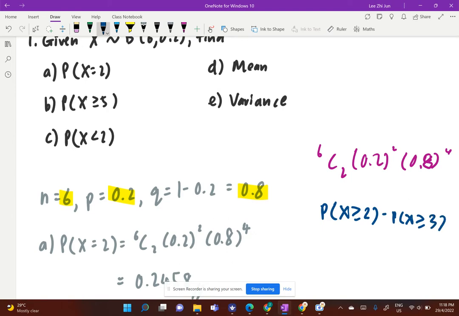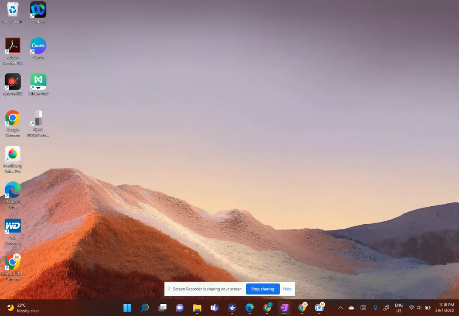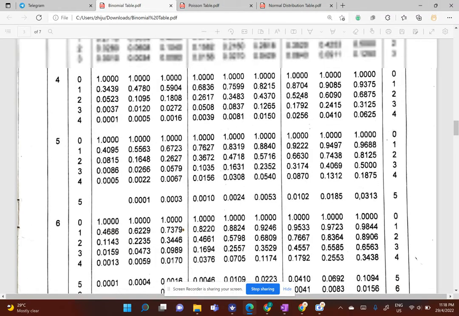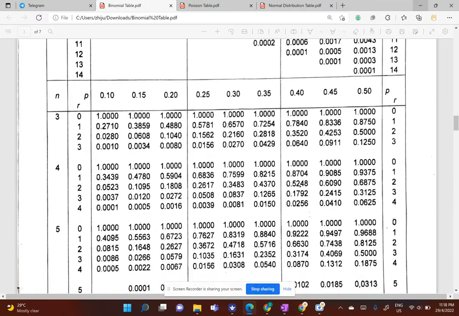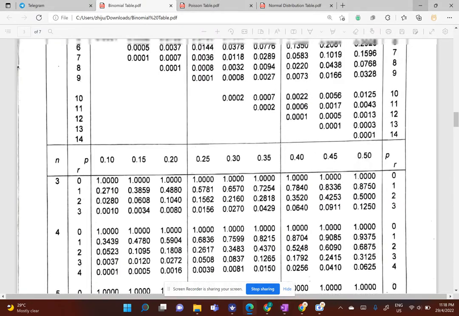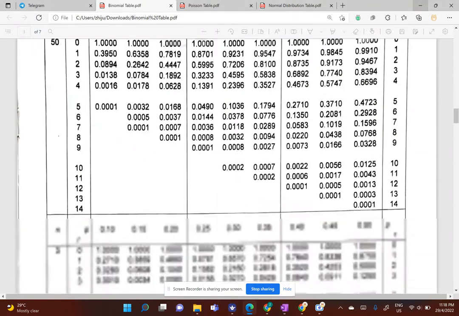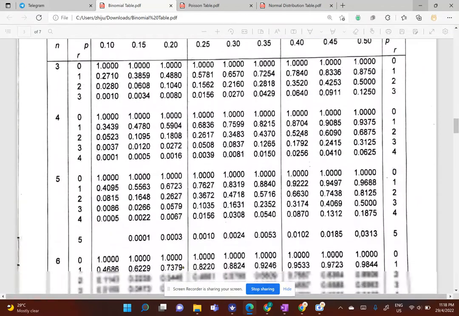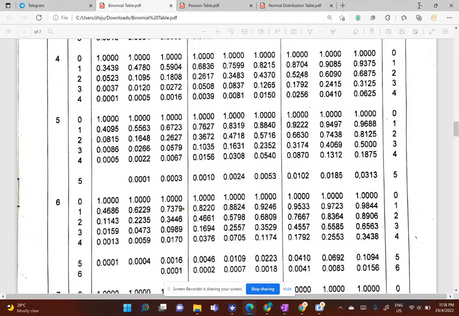So I prepared the binomial table. Just now we have how many trials? 6 trials with 0.2, here at this column.